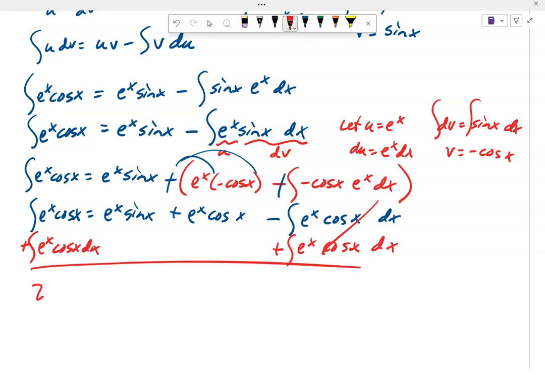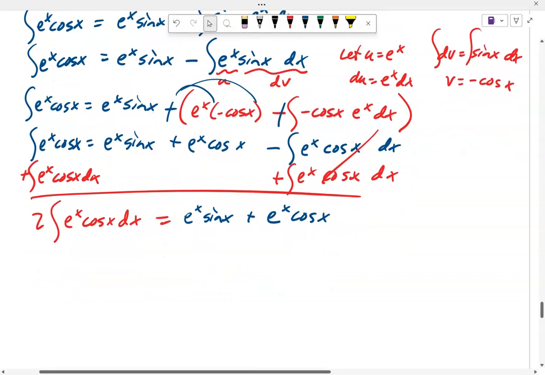So I happen to have 2 of these, the integral of e to the x cosine x dx equals e to the x sine x plus e to the x cosine x, plus a C. And now we just have to divide everything by 2.